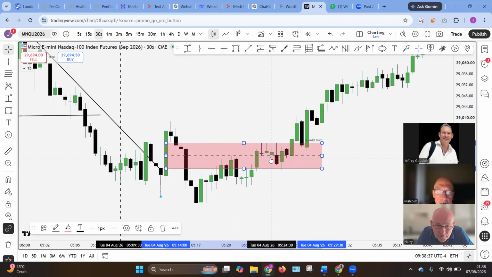And we only know it's changed when it breaks there, or some people would use this high here. It does actually break the high. There's the retest. People say the words break and retest. It doesn't always come back sometimes, so I would take the entry just from there or there.